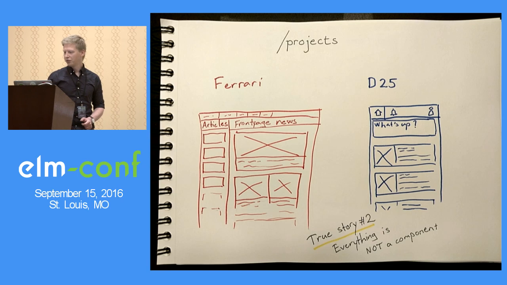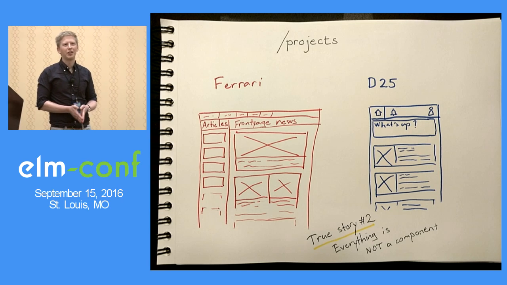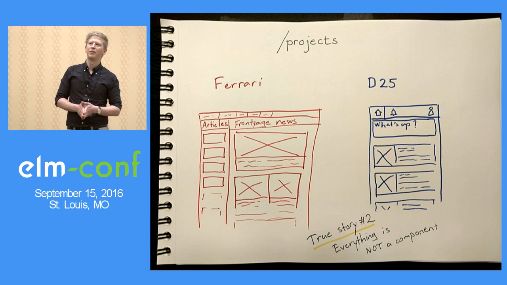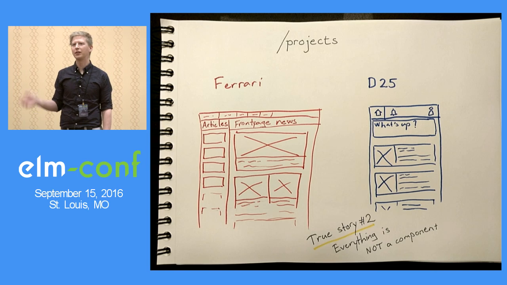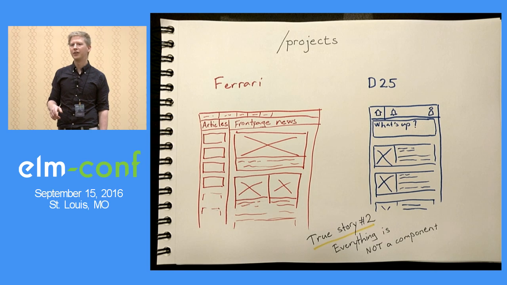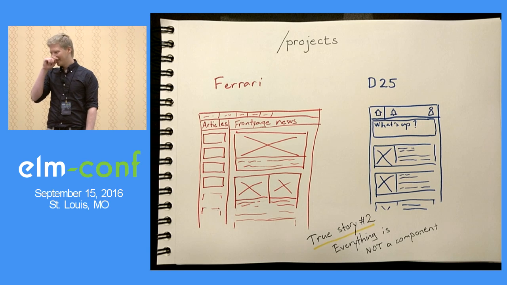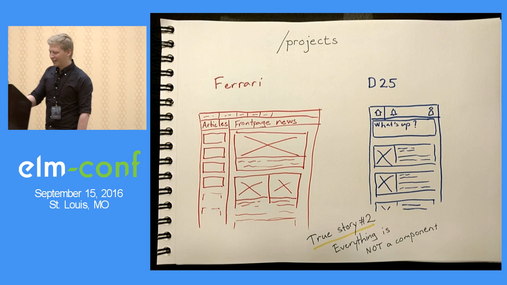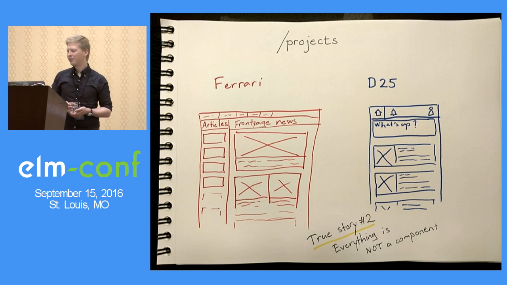True story number 2. The developer who joined the Ferrari project a month in, he wasn't part of the project in the beginning, but after a month he joined. He was very skeptical about the whole Elm thing, and it was a bit hard for him to get started with the language.